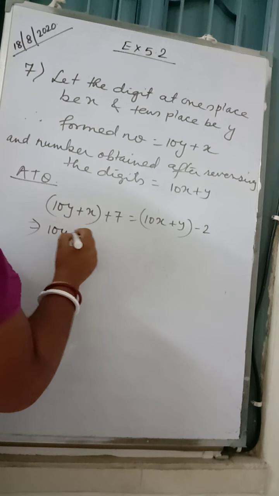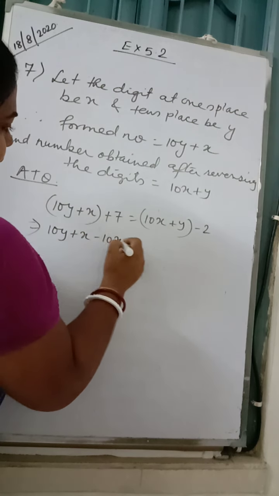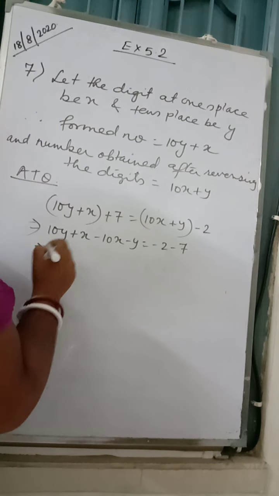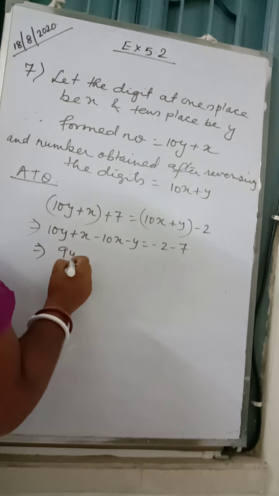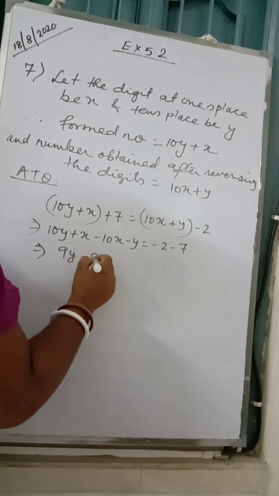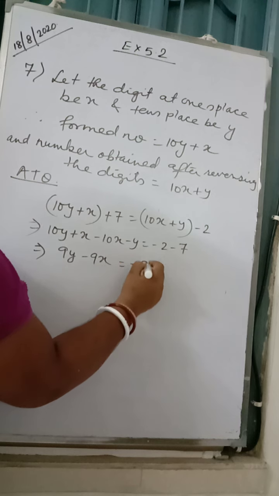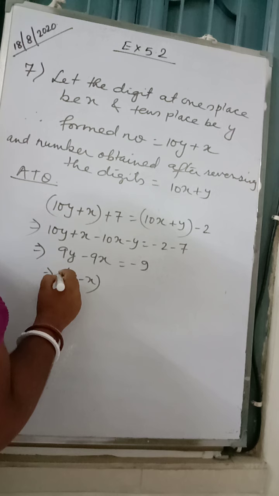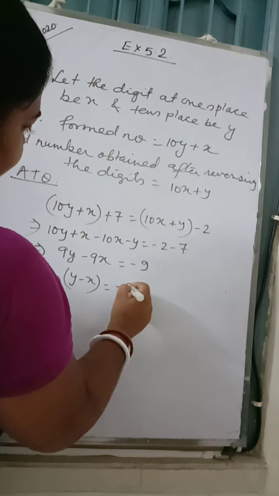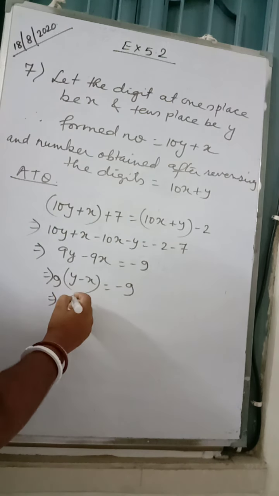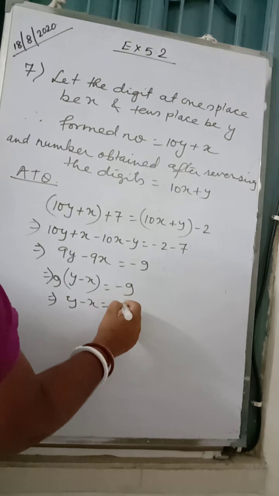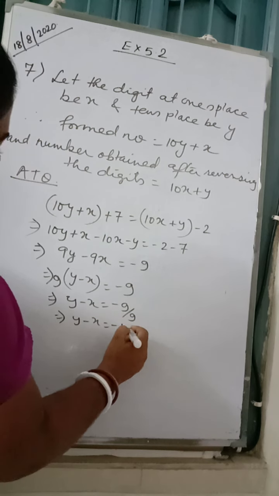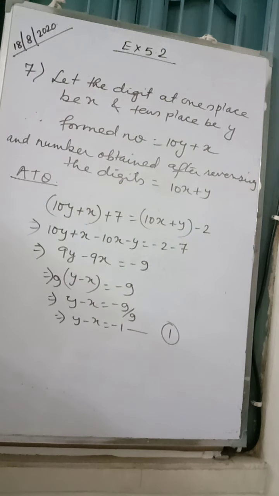This gives you 10y plus x minus 10x minus y is equal to minus 2 minus 7, or 10y minus y gives 9y minus 9x is equal to minus 9. 9 is common, so y minus x is equal to minus 9 by 9, or y minus x is equal to minus 1, equation number 1.